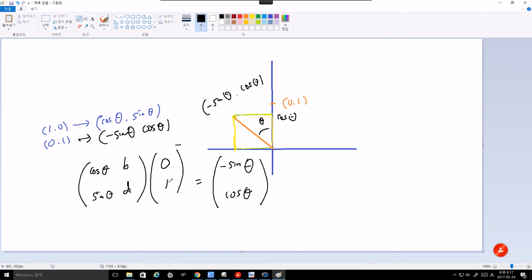This one is fixed because I multiply (0, 1); it picks only the second column, so this part should be equal to this one.